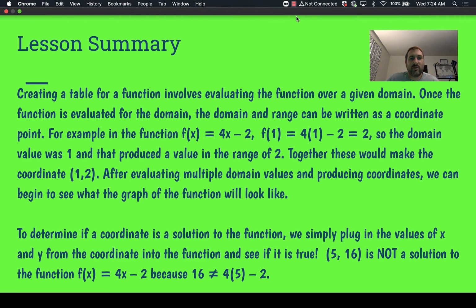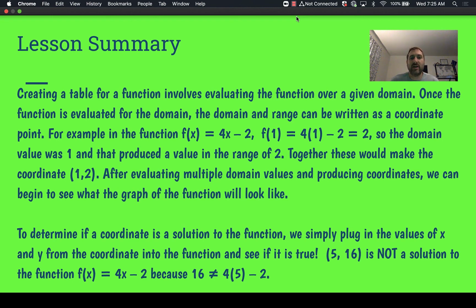In this lesson, we learned that creating a table involves evaluating the function for the domain. Once our function's evaluated, your domain and range can be written together as a coordinate. So for example, if we had a function of 4x minus 2, f of 1 would equal 2.